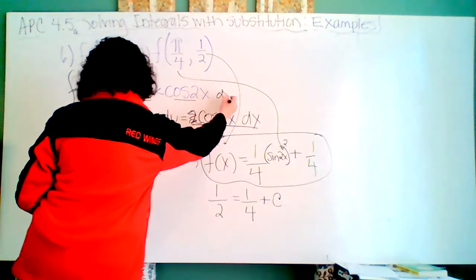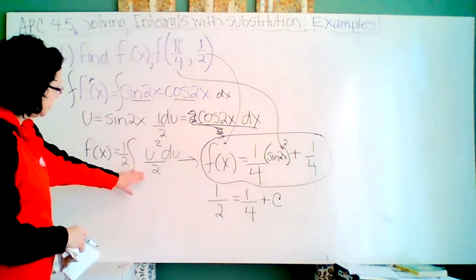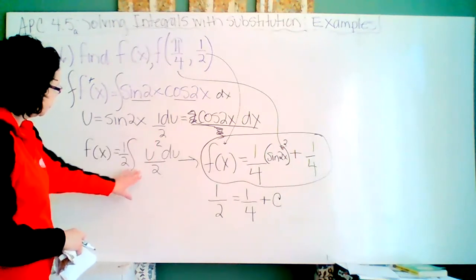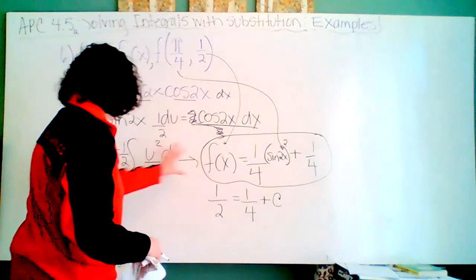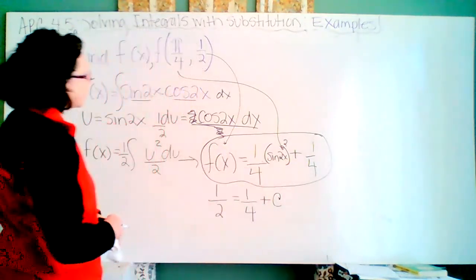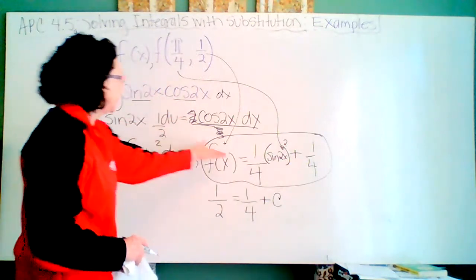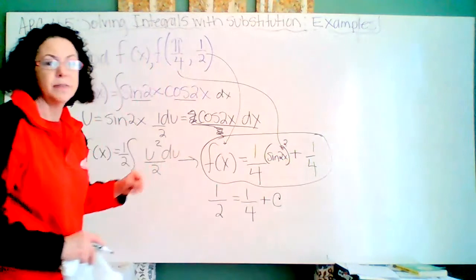I actually forgot my dx there. I carried the 1/2, I integrated, so I had u squared over 2, had my constants here. So I had f of x equals 1/4 u squared plus c. I put my u back in so that I could use this x-y point to find the c.